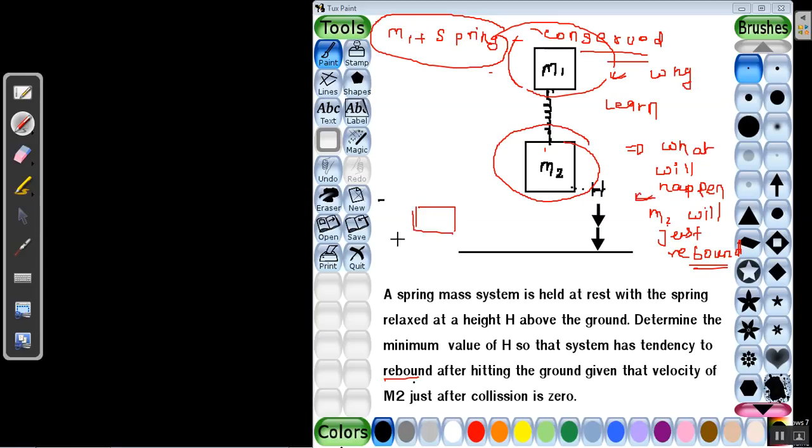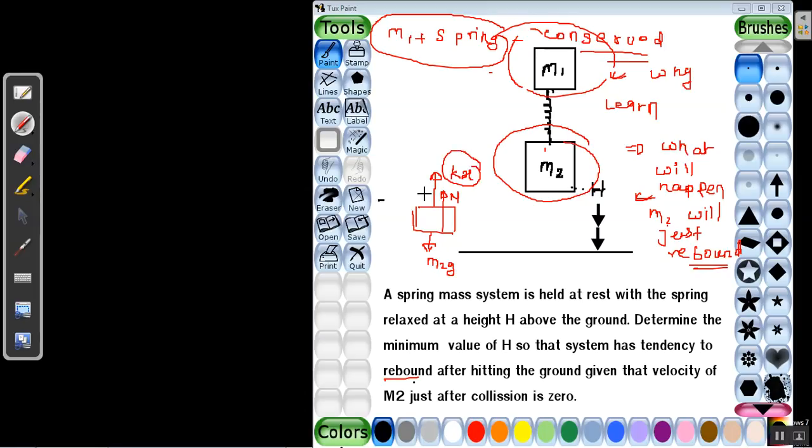So here I am drawing the free body diagram: m2 g, and this is N1, the normal reaction. If I'm saying that it is just about to rebound, there must be an external upward force, and this force will be by the spring, k x.